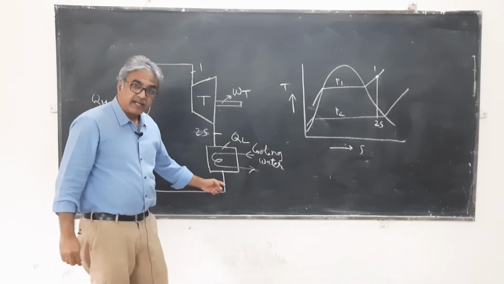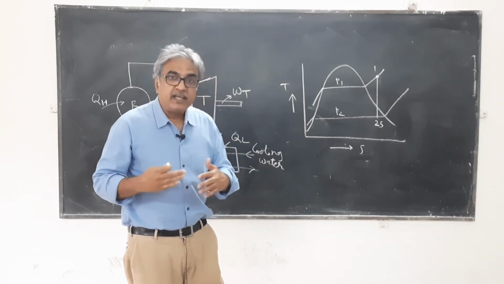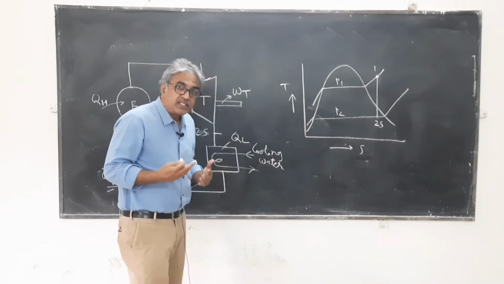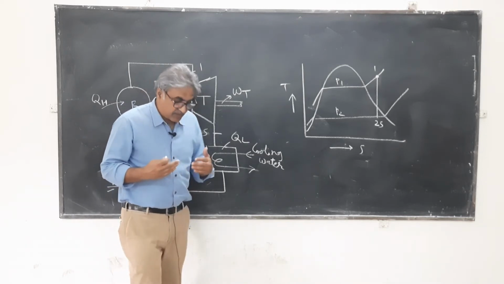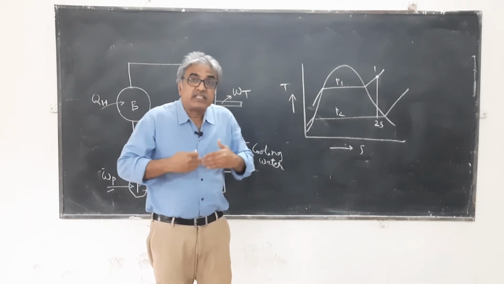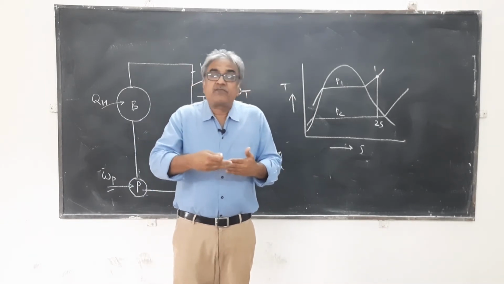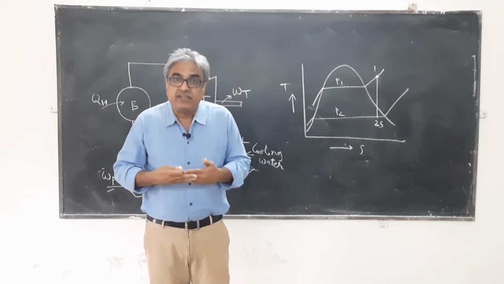Then this is the condenser, where heat is rejected reversibly and at constant pressure. What is reversible heat rejection? It means the difference between the temperature of the vapor which is rejecting the heat and the temperature of the fluid which is receiving the heat is infinitesimal.